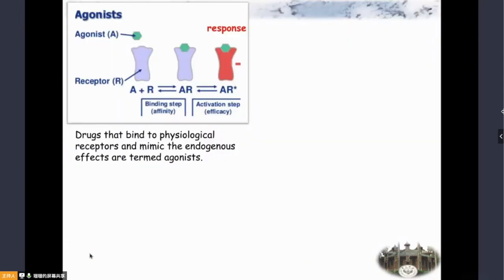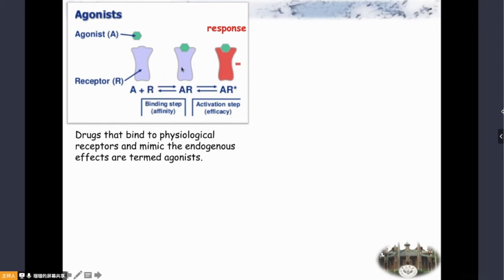Okay, so as we know, to exert its effect a drug has to bind to its receptor. Drugs that bind to their receptor and mimic the endogenous effect are termed agonists. So there are two steps for a drug's effect.